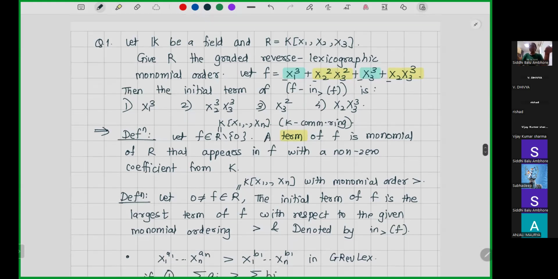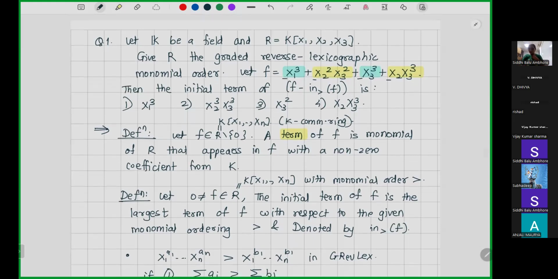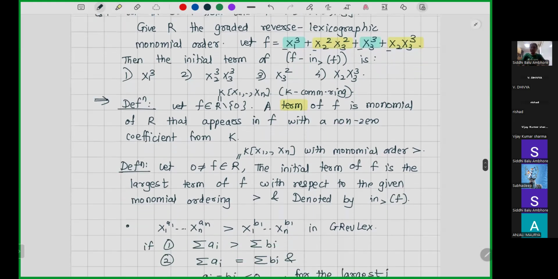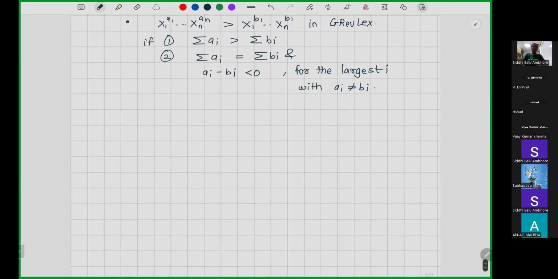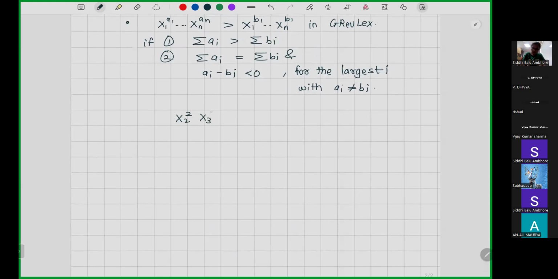Is it understandable? Please, if you have any questions, write in the chat or unmute yourself and ask. Since the first and third terms have degree 3 and the second and fourth terms have degree 4, to find the initial term of f we have to compare only the second and fourth terms. Let us compare x2 square x3 square and x2 x3 cube.